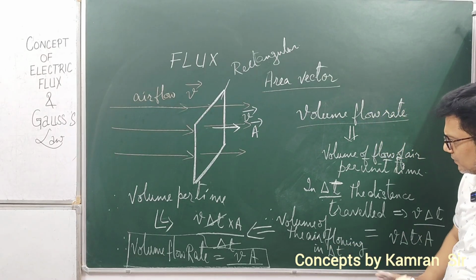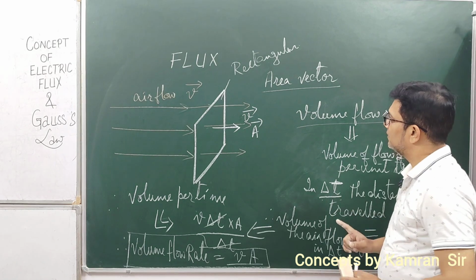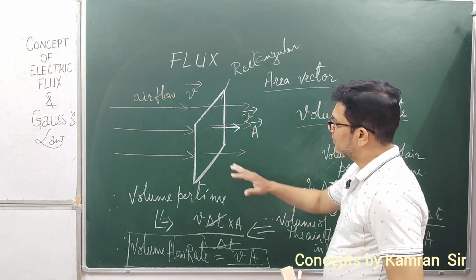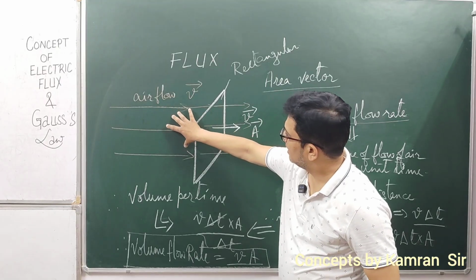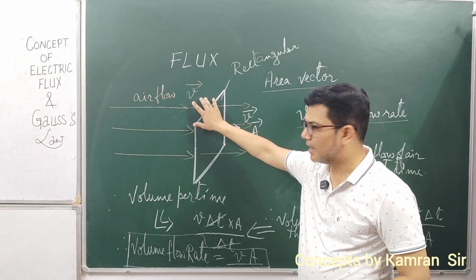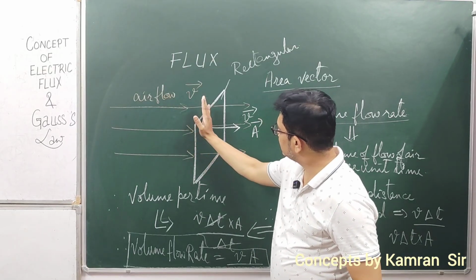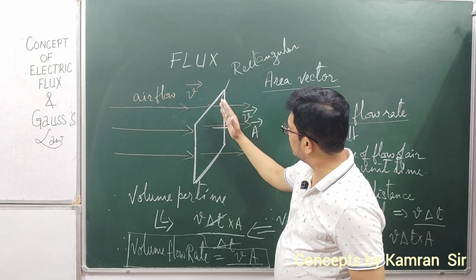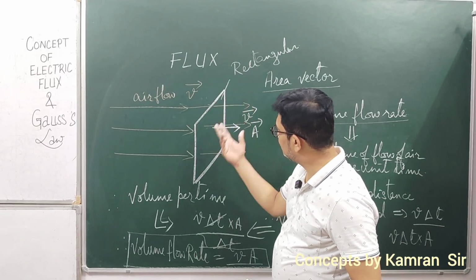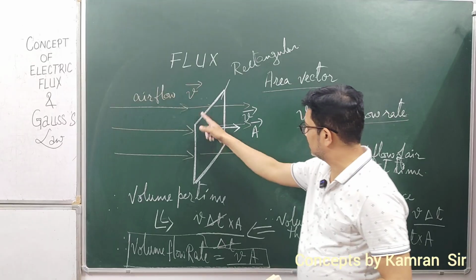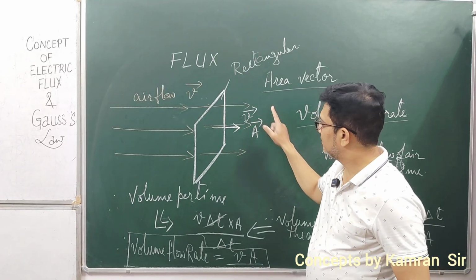So we are able to establish this relation. We have just tried to figure out a very basic definition at this point in time. Let me walk you through again. We tried to conceptualize that there's a laminar air flow having the velocity v, and we are interested to find that this air flow is passing through this hypothetical rectangular surface, which means that the velocity direction and the area vector direction are the same, right?